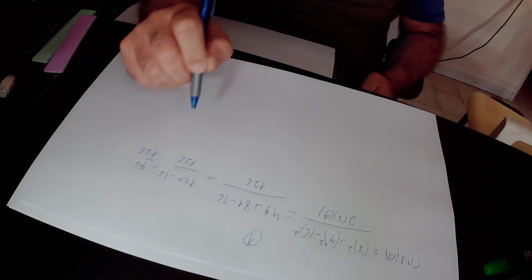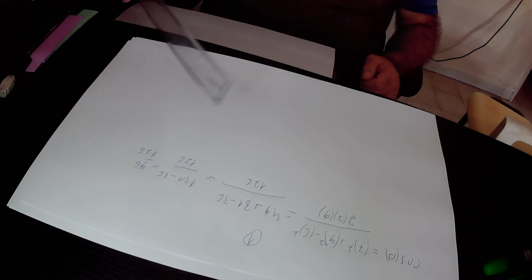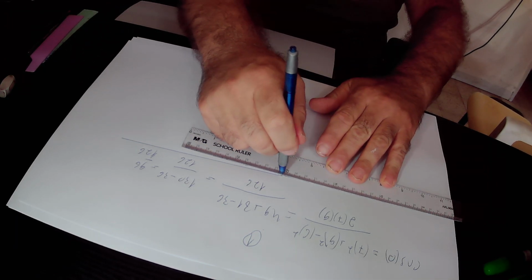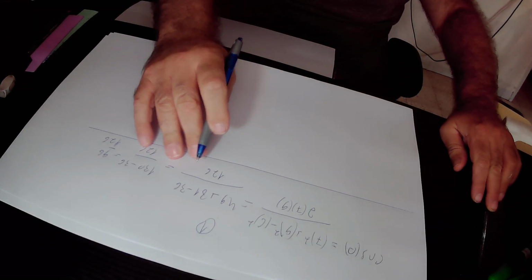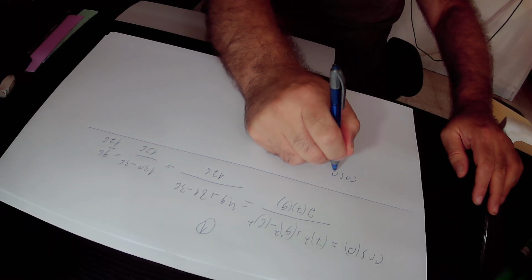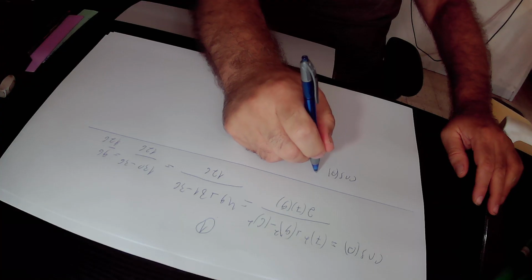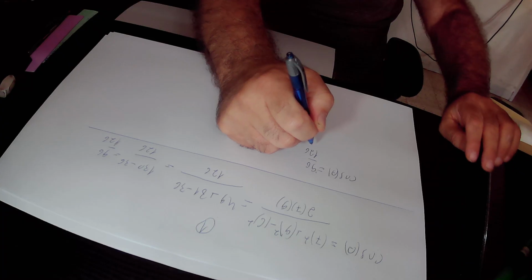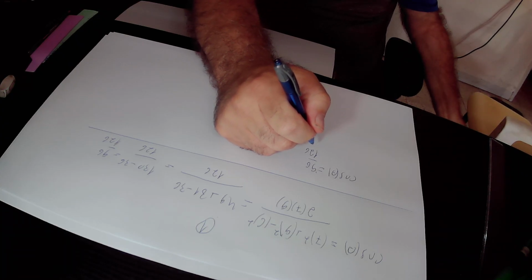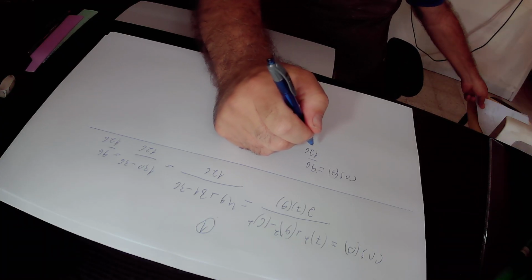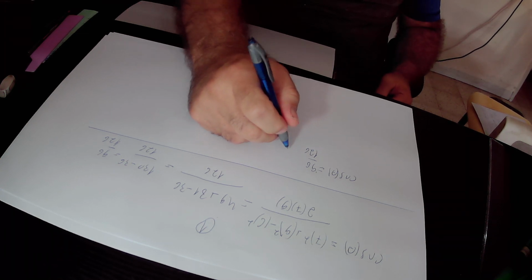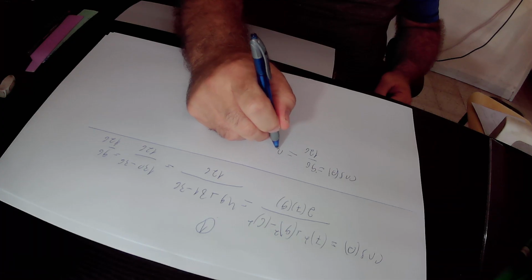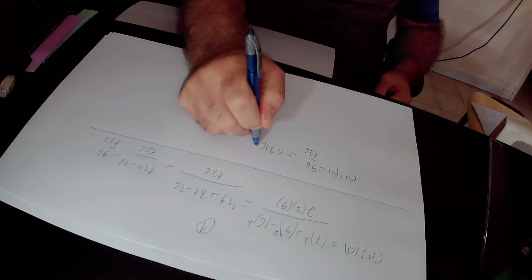So in total, we found that cosine theta equals 96 over 126, which is 0.7169.